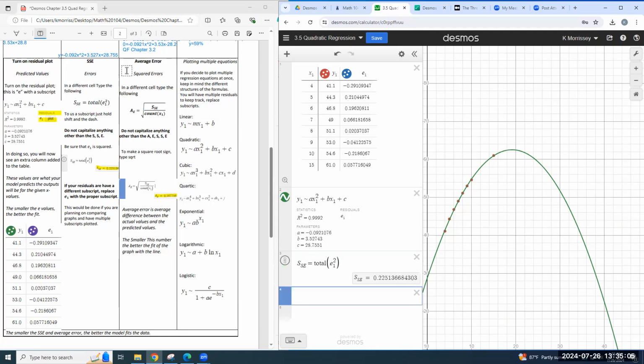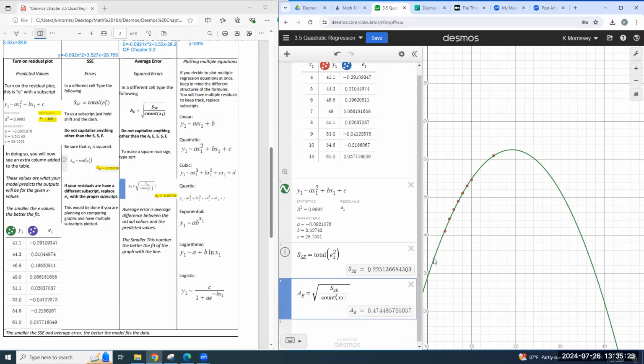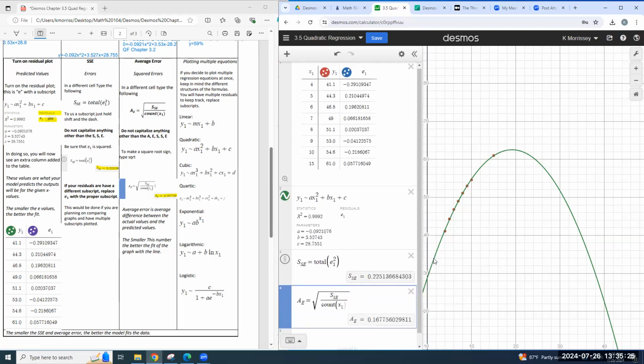Now let's go ahead and do your average error over here. A sub E is equal to square root, so just SQRT, and then we're typing in SSE divided by count X sub 1. That is just taking your X values.